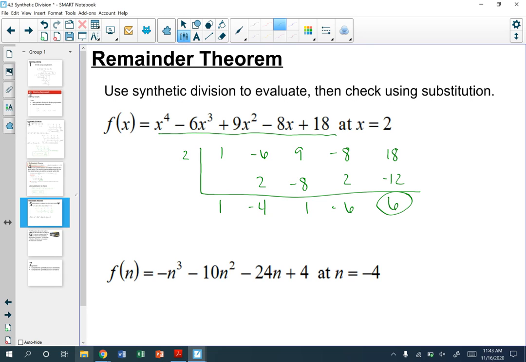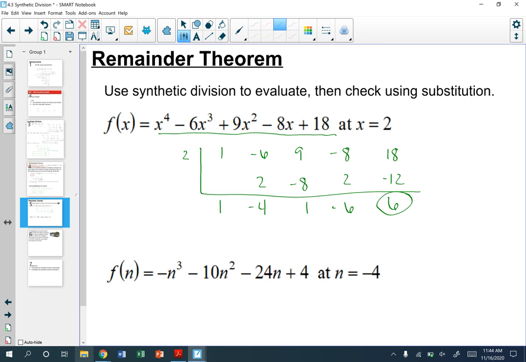So I'm going to plug 2 in for x into my calculator, and if we did all this correctly, it would be 6. So 2 to the 4th minus 6 times 2 to the 3rd plus 9 times 2 squared minus 8 times 2 plus 18.